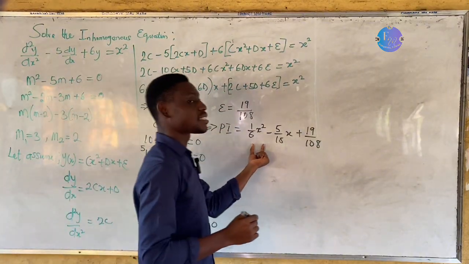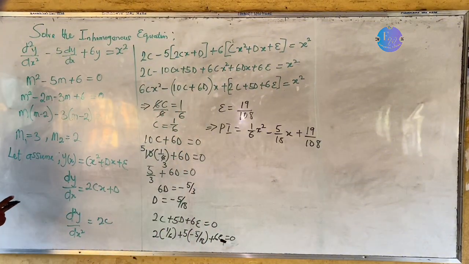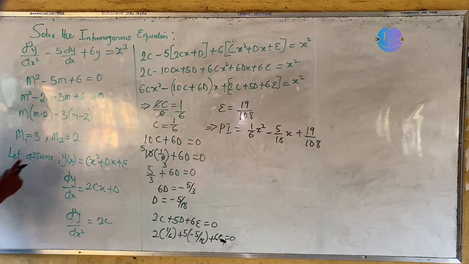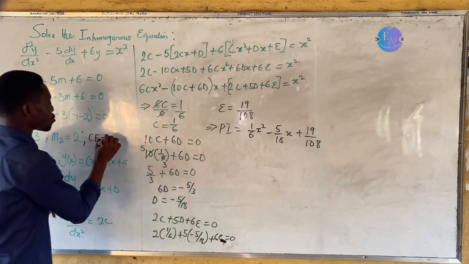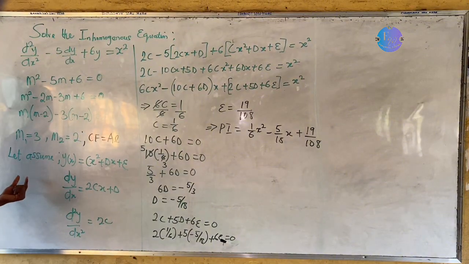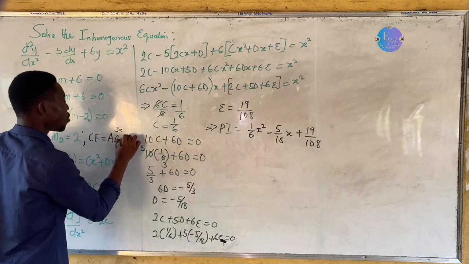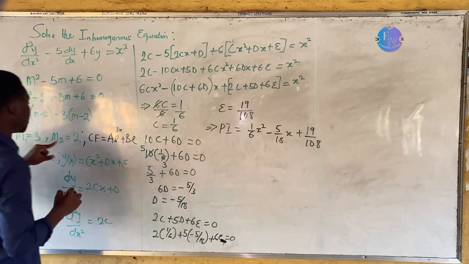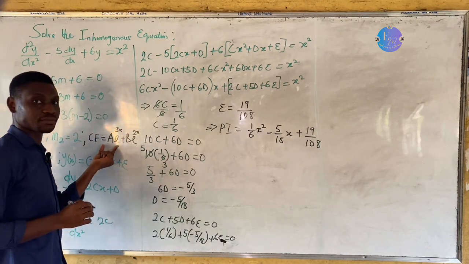So this is the particular integral. But for the complementary function, we have a exponential 3x plus b exponential 2x. So this is our complementary function.